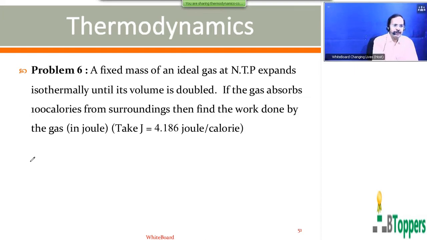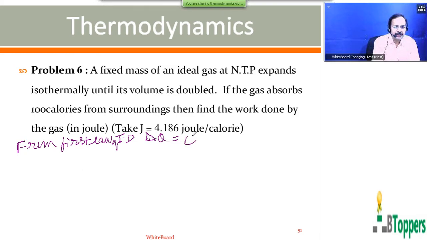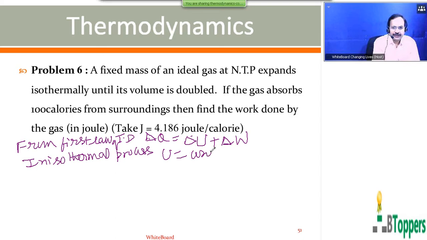So from the first law of thermodynamics, delta Q, that is heat energy absorbed by the gas, is equal to delta U plus delta W. But in isothermal process, for a fixed mass of an ideal gas, temperature is constant, so internal energy is constant, or you can say change in the internal energy of the gas is 0.